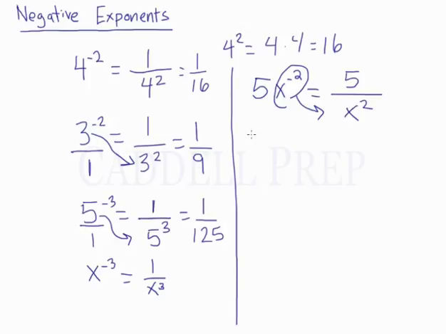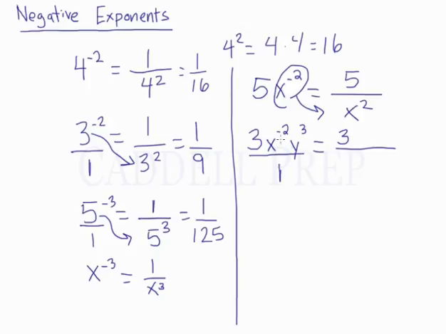Let's look at another one. 3x to the negative 2 y cubed. The 3 is okay. Remember, this is all over 1. The 3 is okay, so it stays in the numerator. X to the negative 2.